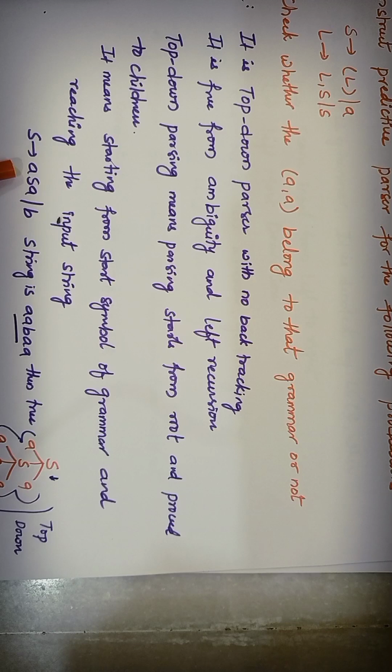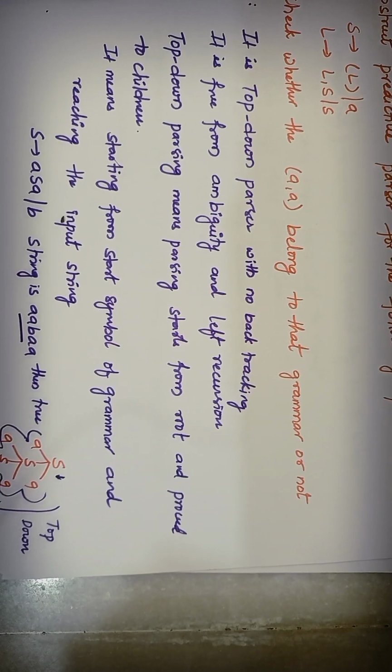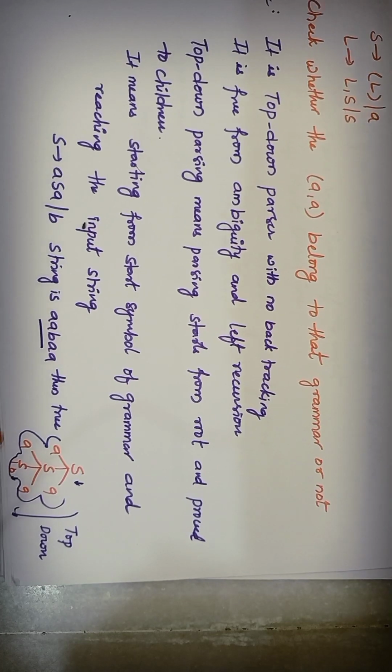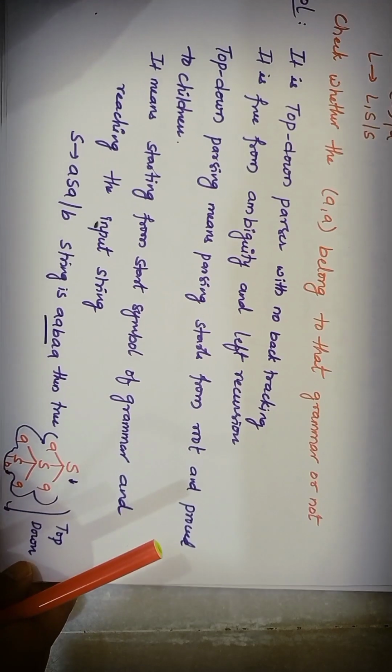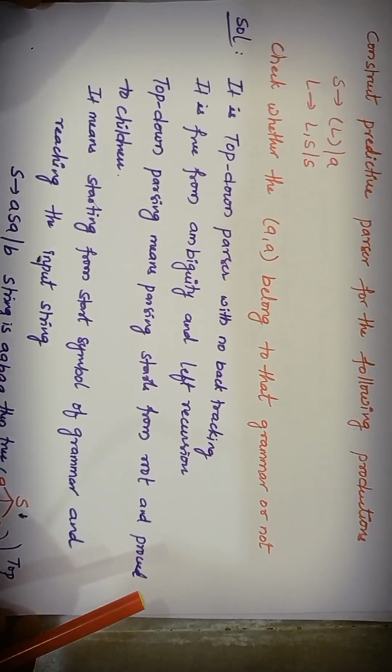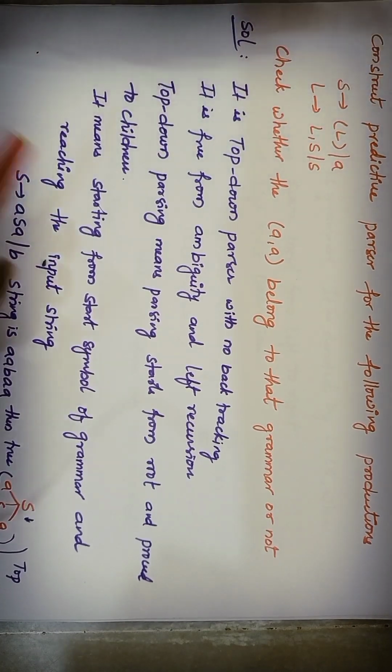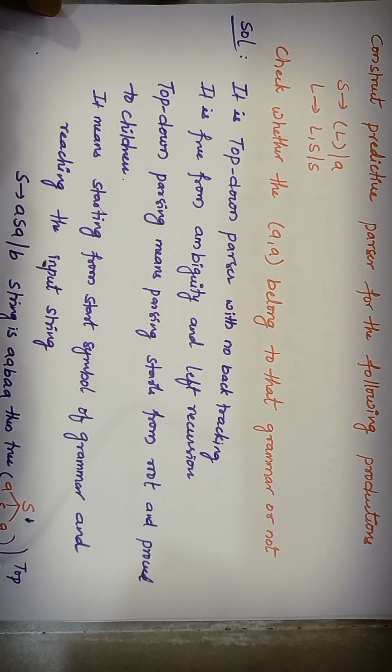So S tends to ASA. Then after one A, we have one more A, so to get the one more A also, again we have to substitute the same production, ASA or B. This approach is known as top down parser or predictive parser.